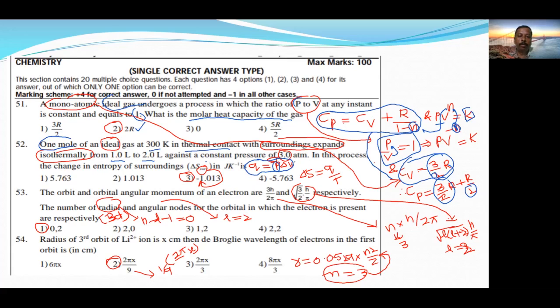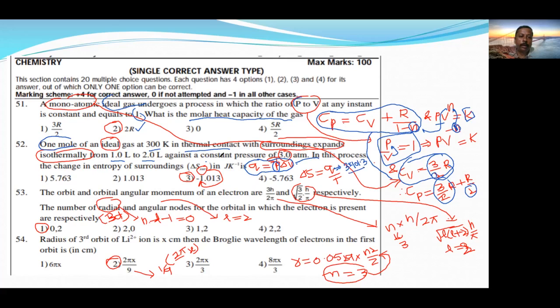The volume change will be 2 minus 1, so with that you will come to know about the Q. In this process, the change in entropy of the surroundings: after substituting 101.3 for the liter atmosphere conversion, here you will get 3 into 1, 3 atm, so 3 into 3 liter atmosphere into 101.3.